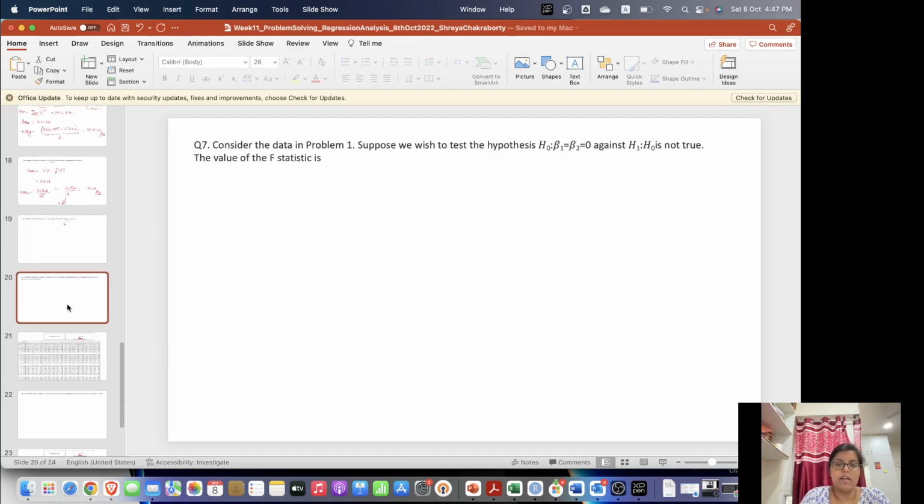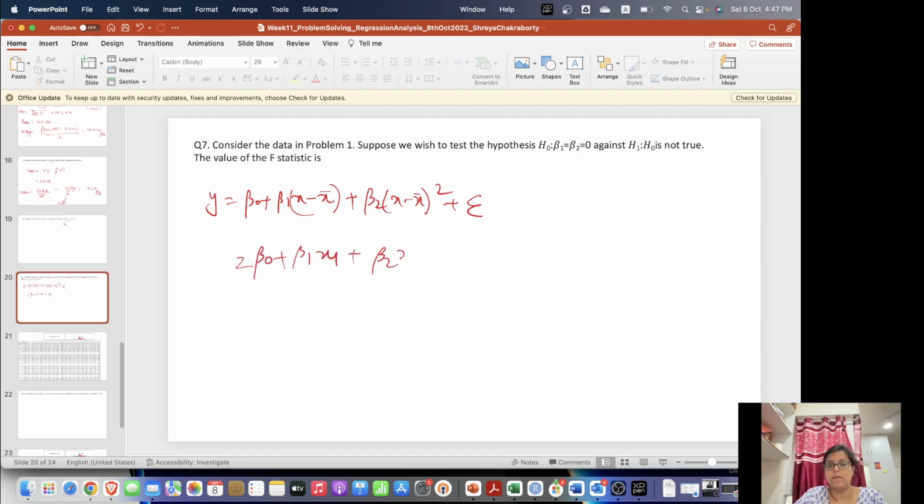And then we have this question. Suppose we wish to test the hypothesis beta 1 equal to beta naught equal to 0 against H1, that H naught is not true. So we have this one, which is in essence something like this.